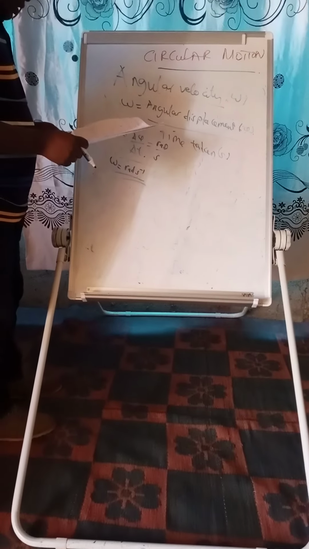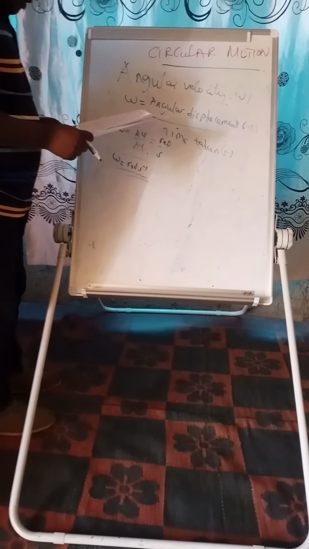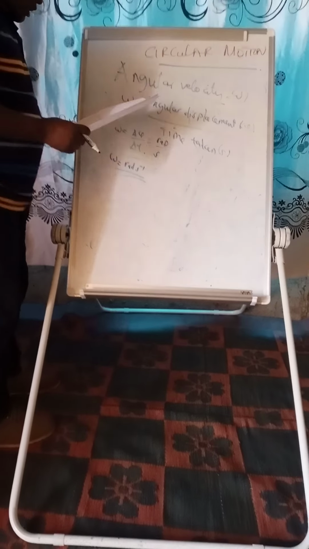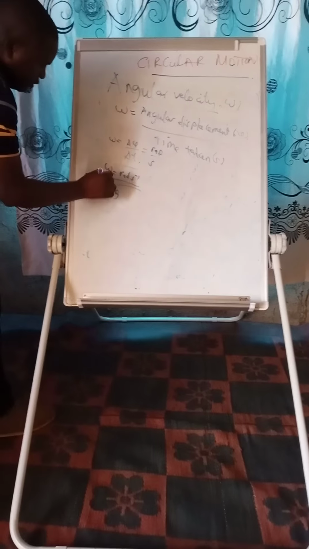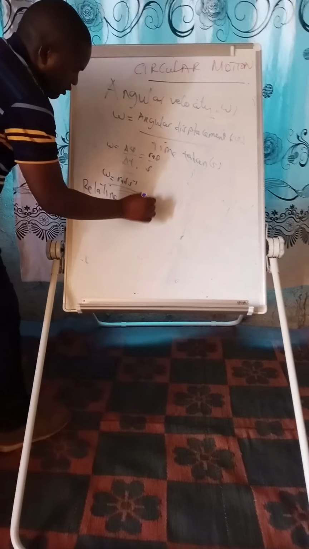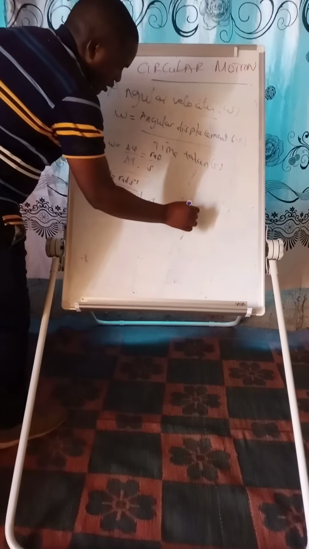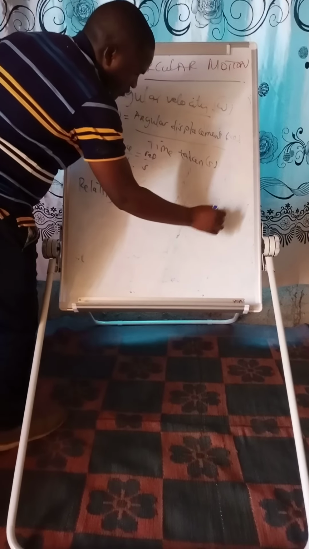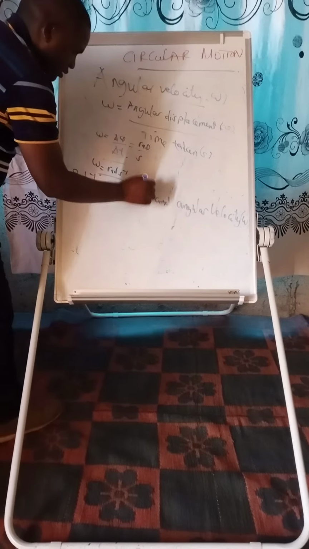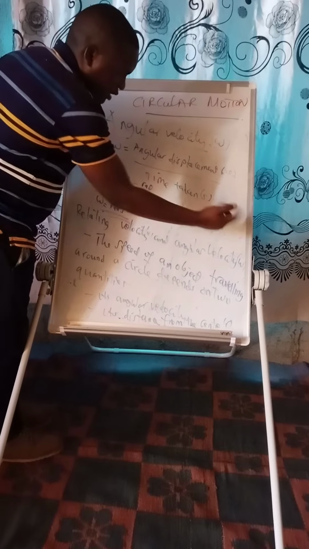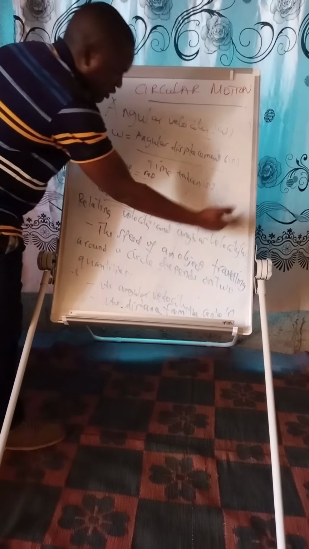So now let us see how velocity is related to angular velocity omega.